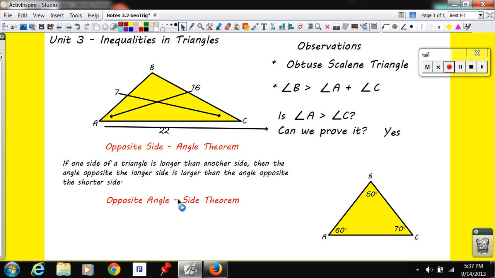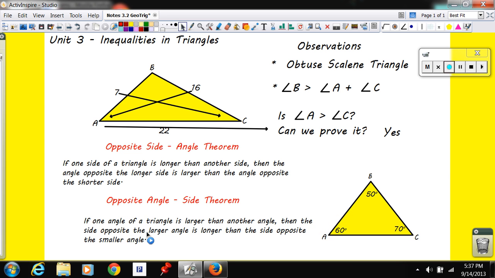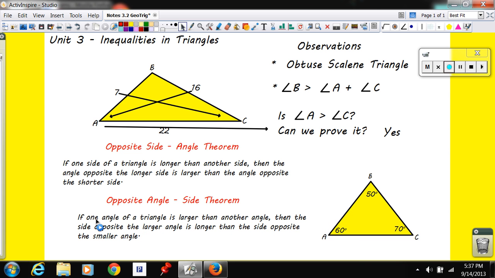So you could actually switch the theorem around, reverse the angle and the side, and say if one angle of a triangle is larger than another angle, then the side opposite the larger angle is longer than the side opposite the smaller angle.